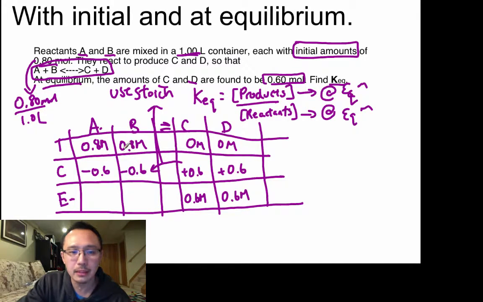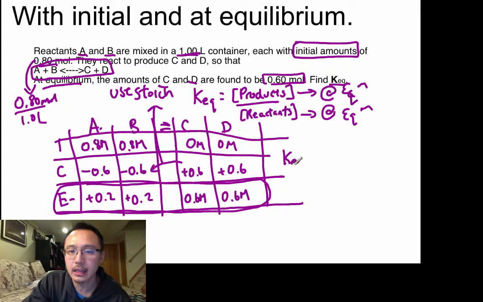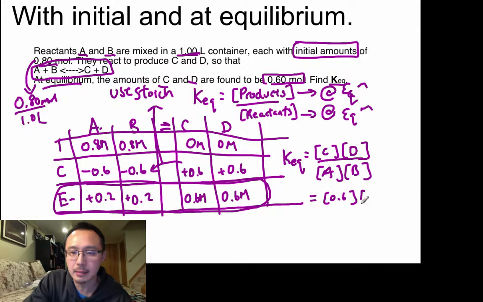So you just do your basic math here, 0.8 subtract 0.6. At equilibrium, you get 0.2, and at equilibrium, you get 0.2. Finally, once you have established this row at equilibrium, you can use your KEQ formula, which is the concentration of C times the concentration of D divided by the concentration of A times the concentration of B. You substitute all these numbers, 0.6 times 0.6 divided by 0.2 times 0.2.